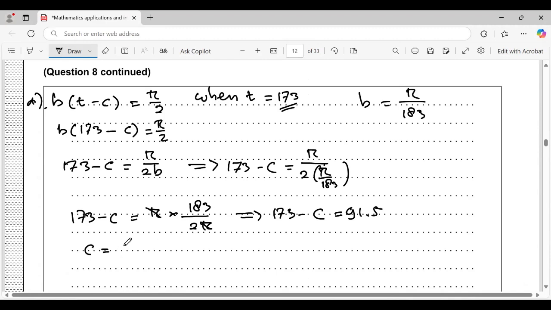So we can determine C equals 173 minus 91.5, and the result is 81.5.